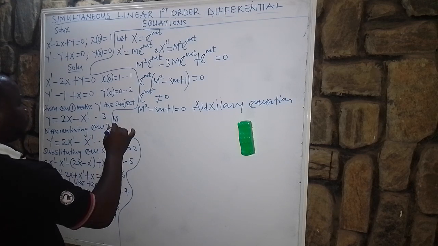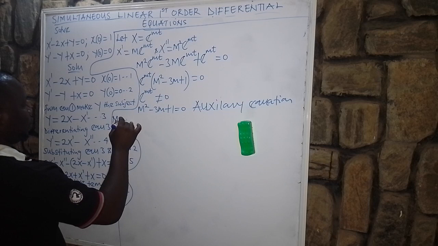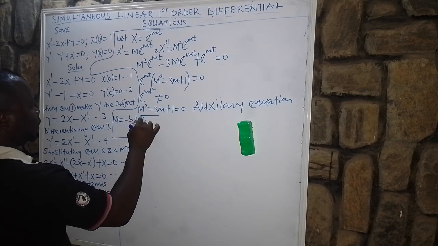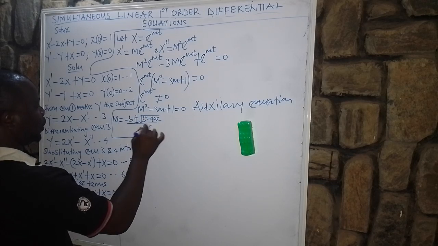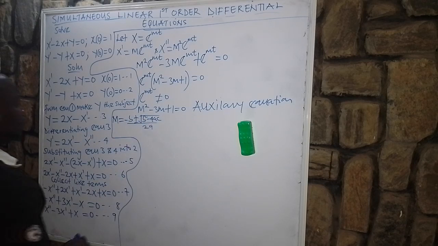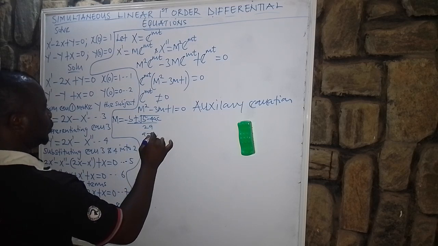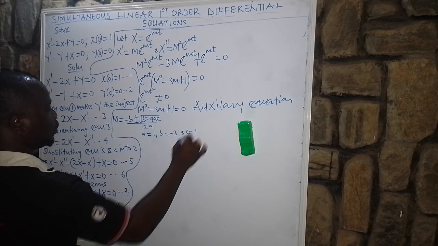Since this is the m we want to find, your m will be equal to minus b plus or minus the square root of b squared minus 4ac, all over 2a. True or false? So your a is equal to 1, b is equal to minus 3, and c is equal to 1.